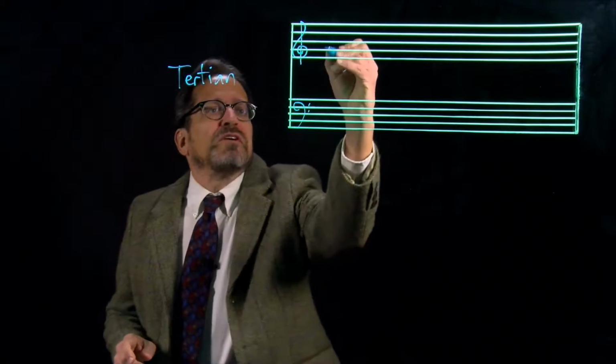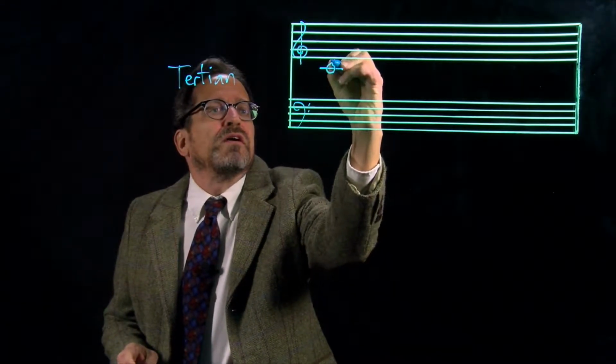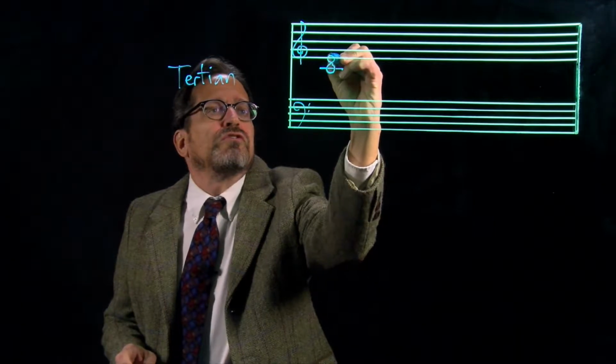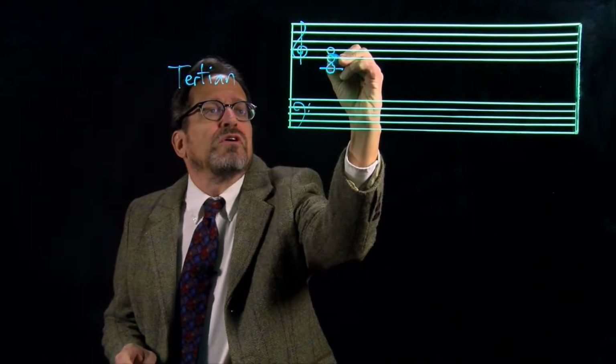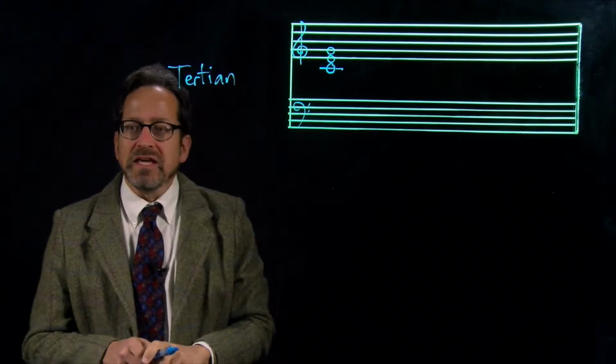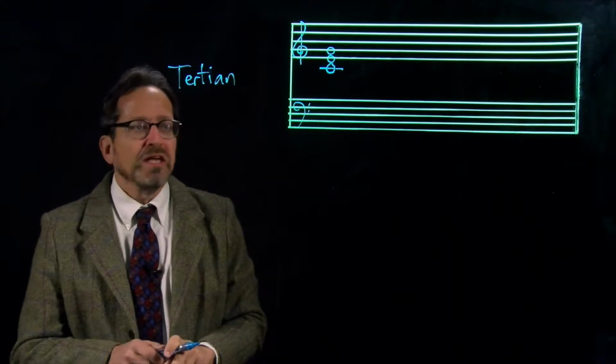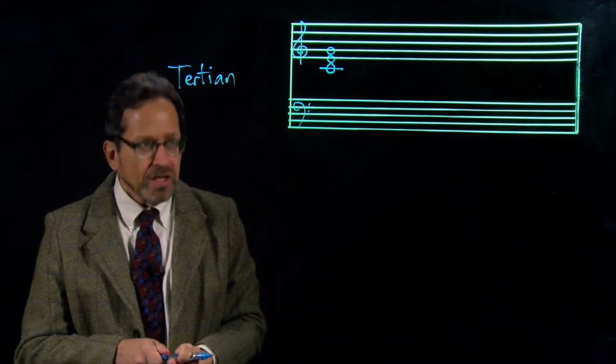So let's look at some examples of triad quality. Triads are chords that are made up of 3 pitches. And again, triads are made up of major or minor thirds in some combination.